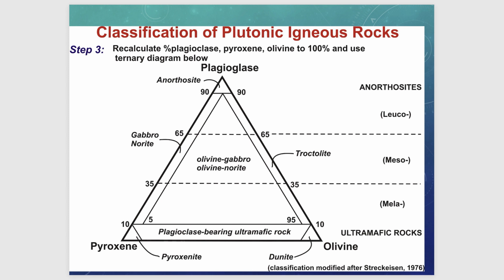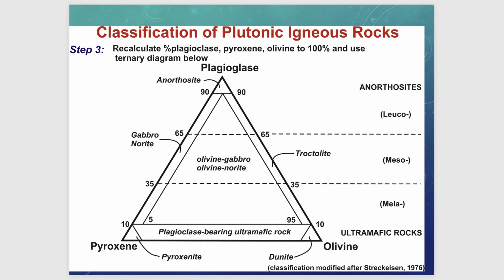And so we have a different nomenclature for rocks that are ultramafic and usually have compositions that are dominated, for example, by plagioclase.